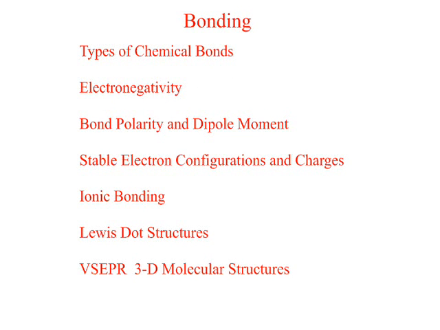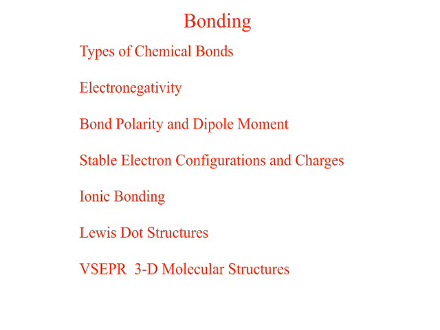So to expand our knowledge and understanding of the chemical properties, we need to get into the nature of these bonds. There are different types of chemical bonds that we'll talk about. There's something called electronegativity, which is a property of the individual atoms within an element. These are going to play a role in the type of chemical bonds that occur. Then we'll look at bond polarity and dipole moment. This has to do with how the electrons in an atom or atoms that are bonded together are going to orient themselves.